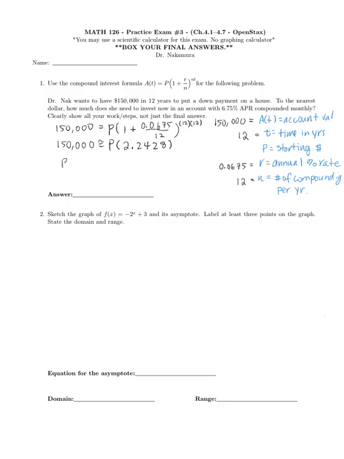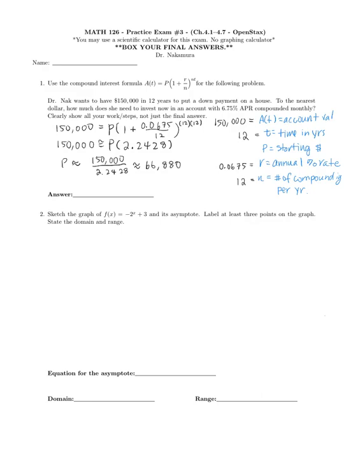Okay, so that means what? Solving for P, we're going to have P is approximately equal to 150,000 divided by 2.2428. Type that in the calculator. To the nearest dollar, it looks like, what do we got? 66,880.